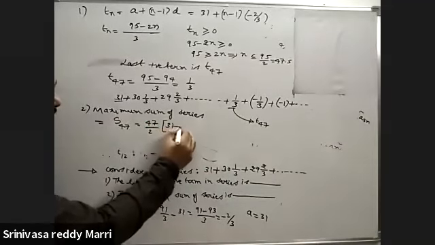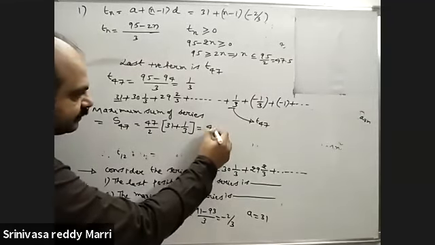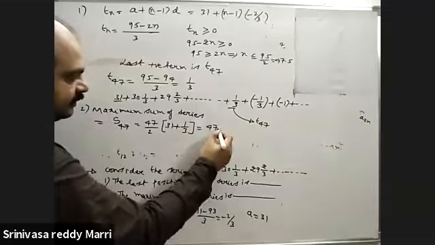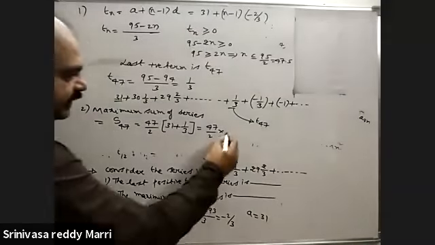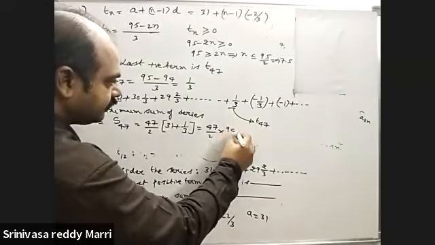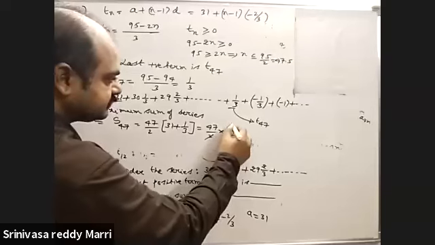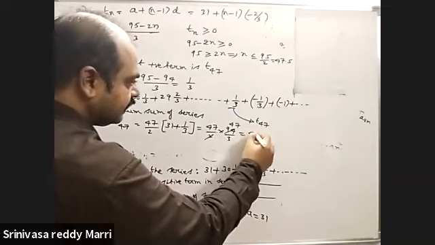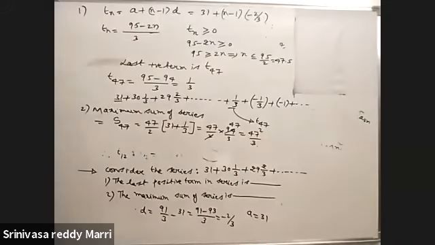So 31 plus 1 by 3, so 47 by 2 into 94 by 3. What is the maximum sum? 47 square divided by 3.